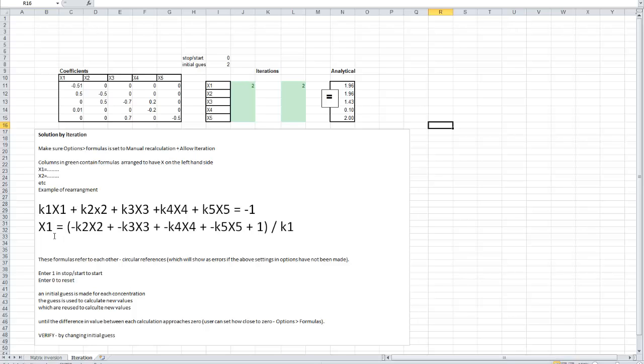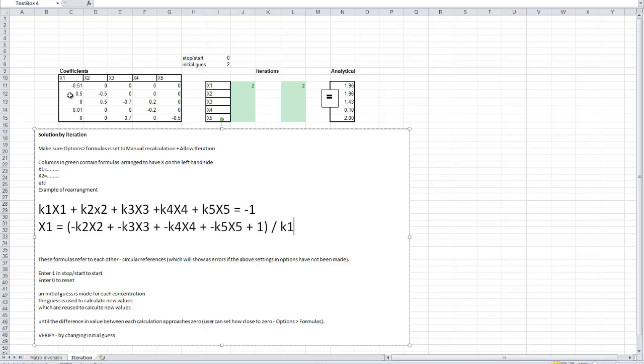So that's what's gone on here. x1 is equal to minus the sum of each transfer coefficient times concentration. So they've all become negative. And the -1 has changed sides, so that's become positive. And then everything's been divided by k1. So if you look at that, then you should be able to figure that out quite straightforwardly.